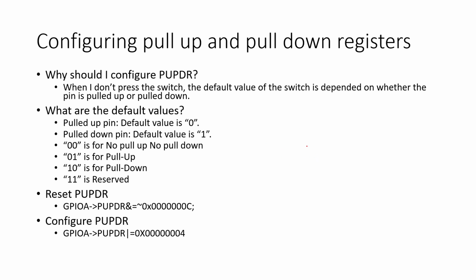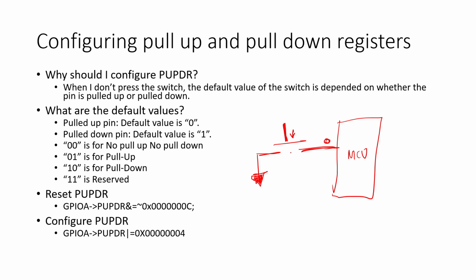Let us say, for example, this is a GPIO pin, and this is a switch or button, and here you have some ground, and this is the microcontroller unit. If you press this switch, it is obvious that here you will be reading a voltage of 0 volts.